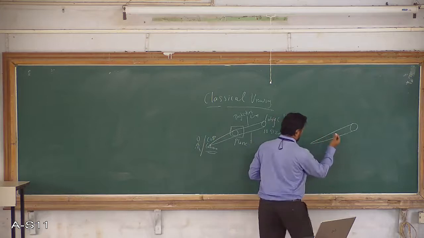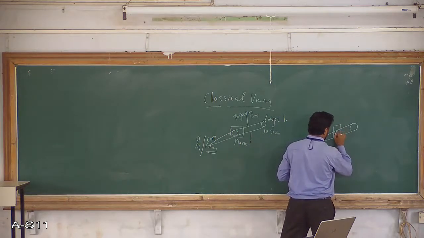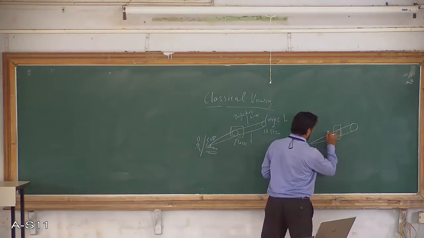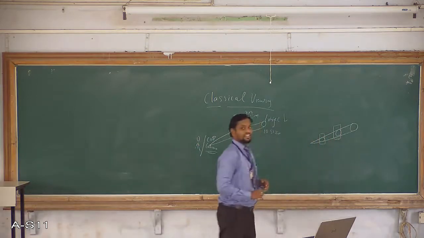If the plane is here, the object size is this much. And if I keep the object plane here and take the same projection on the plane, the object size will be reduced.